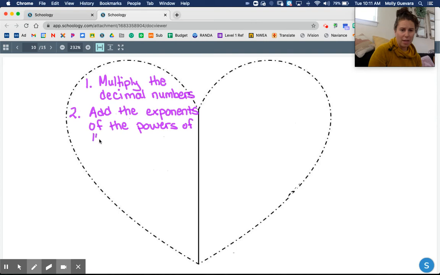Right? So I have like 3 times 10 to the 6th and 2.4 times 10 to the 5th. Well, then I add that 6 and that 5 together because those are the exponents.